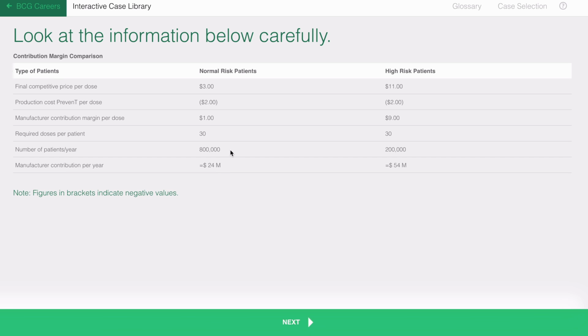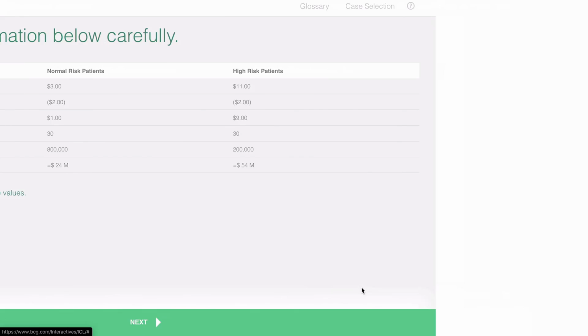That's the 800,000 times 30 doses per patient times the $1 contribution margin. And it's $54 million for high-risk patients. So if we were forced to only target either normal or high risk, it would make sense for us to target high risk because we're making $54 million, which is $30 million more than if we were just targeting normal-risk patients.